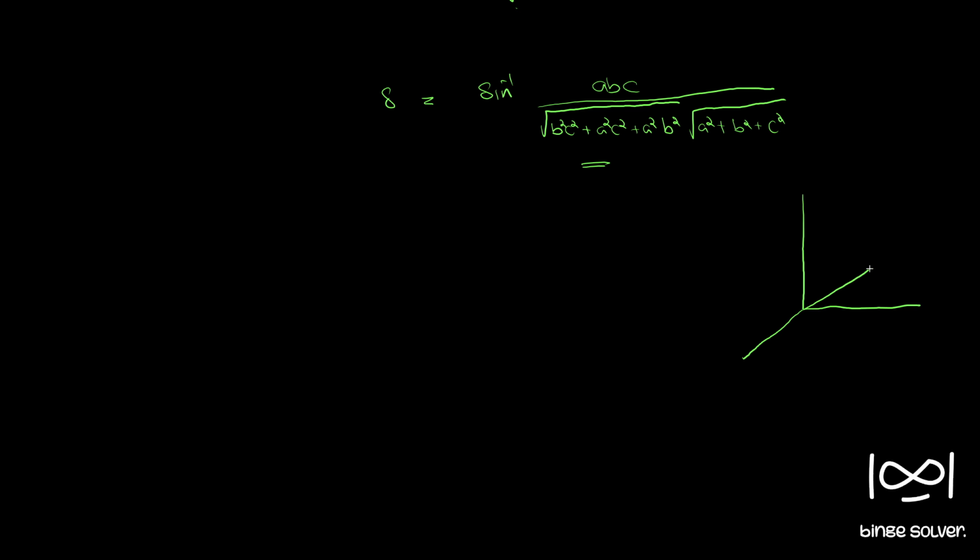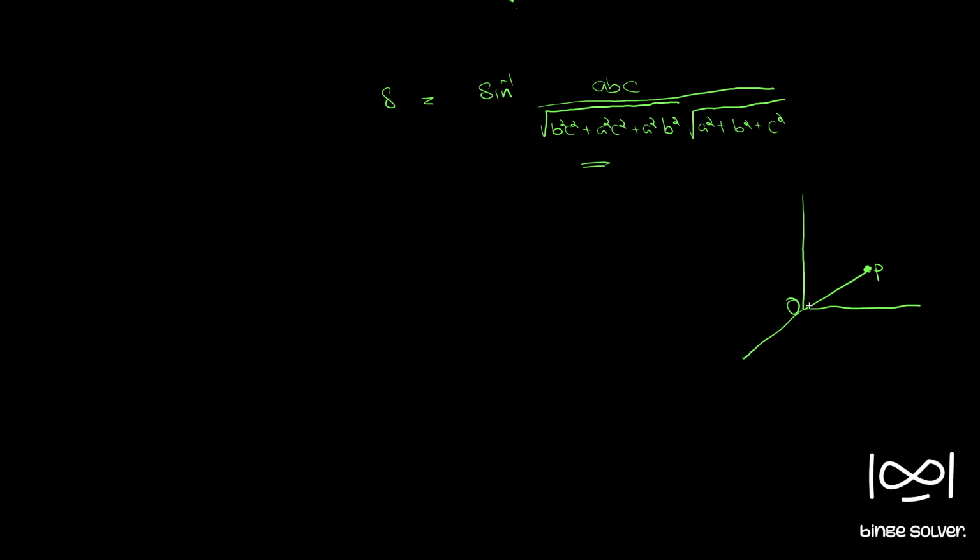We have a line OP making different angles with these coordinate planes. Suppose one example is alpha, the angle OP makes with the coordinate plane x equal to 0.